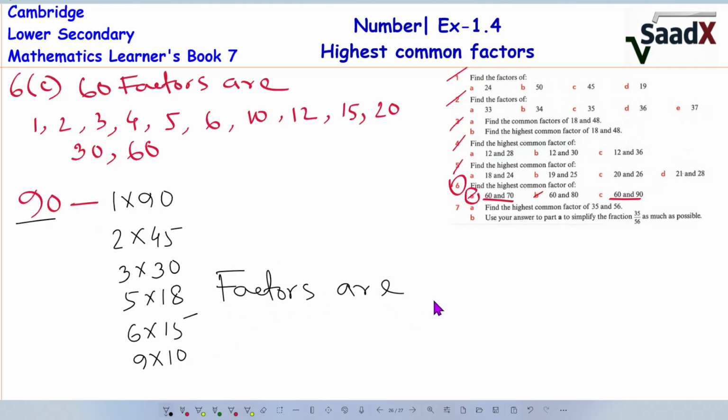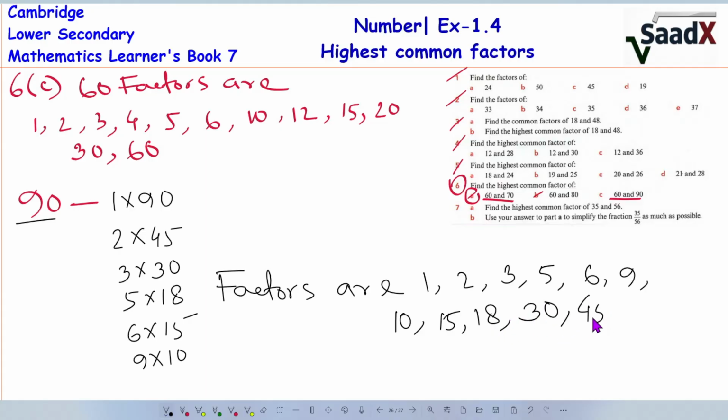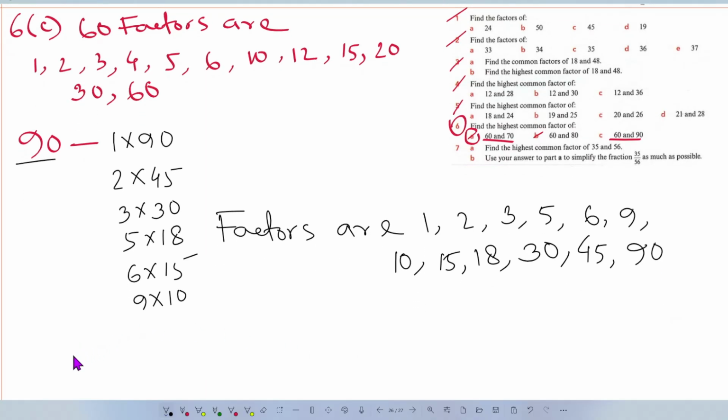So 90 factors are what? 1, 2, 3, 5, 6, 9, 10, 15, 18, 30, 45 and 90. So which one is the highest factor? HCF of 60 and 90 equals to what?